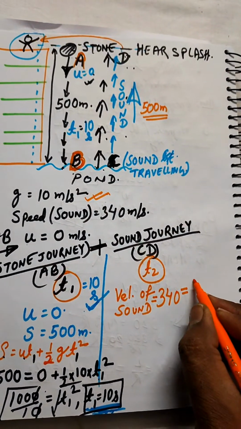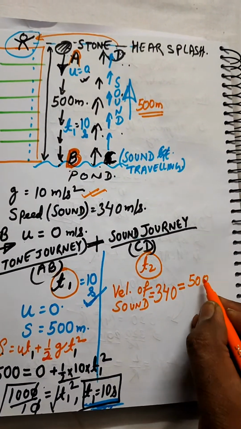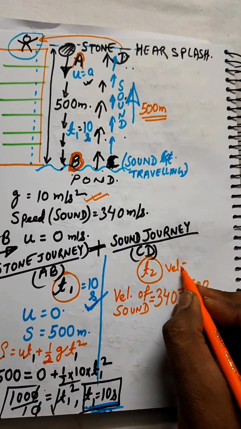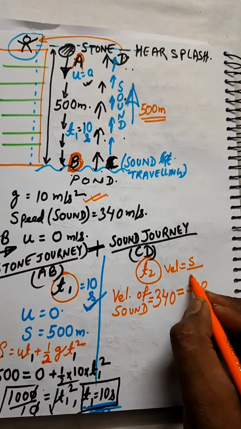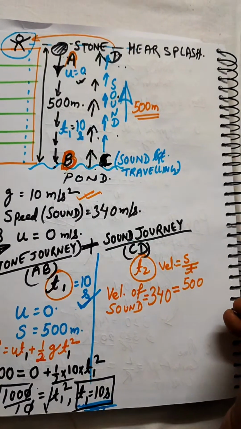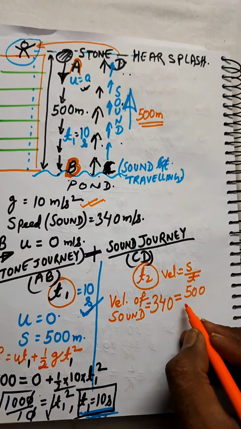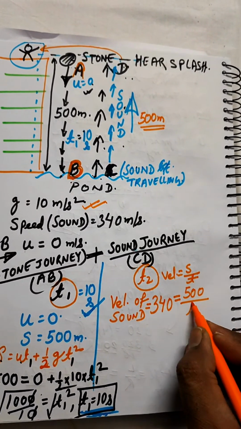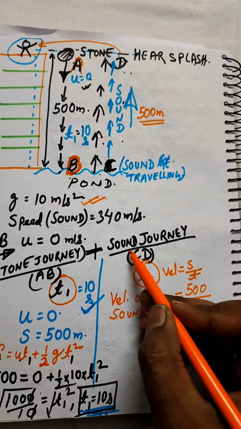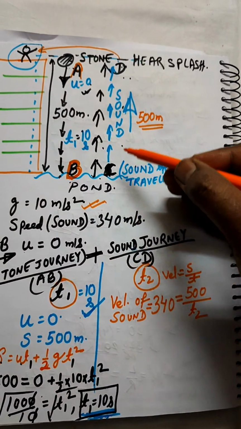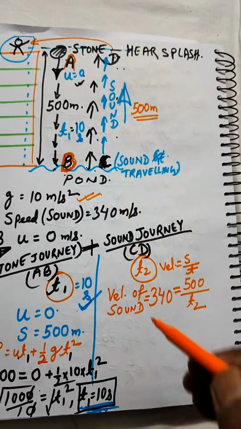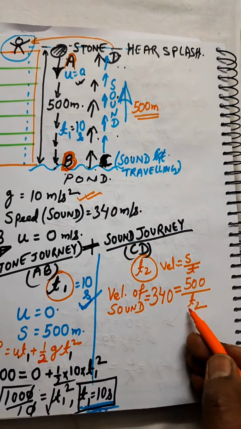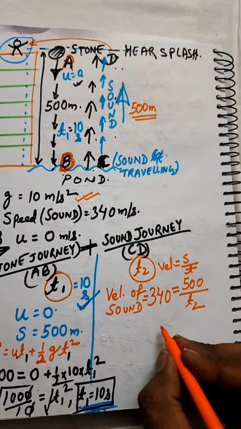So just put the value of 500 into the RHS, because velocity equals displacement by time, right? So here 500 will be divided by the time. The time will be t2, because this is for the CD journey from C to D, right? You know 340, you know 500, so you will be able to calculate the variable t2.